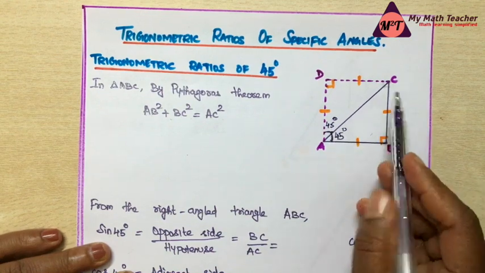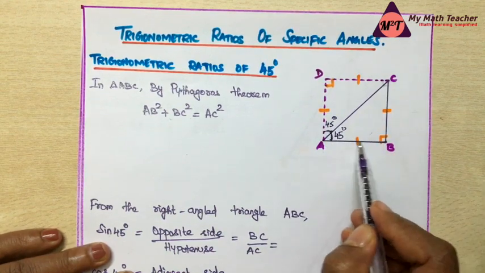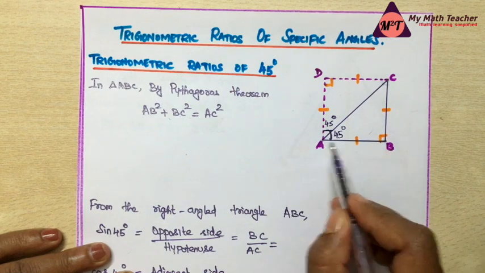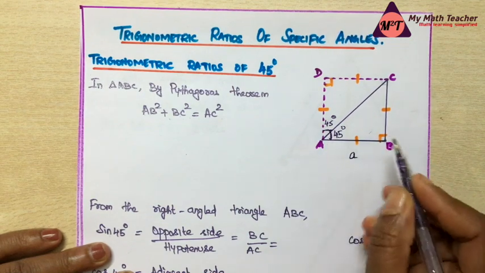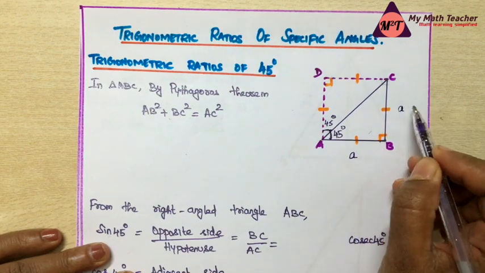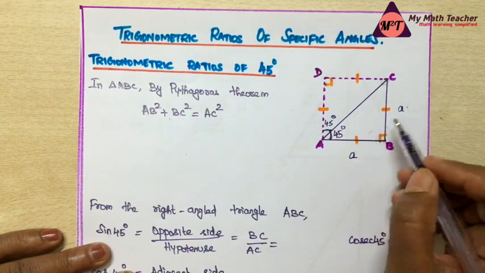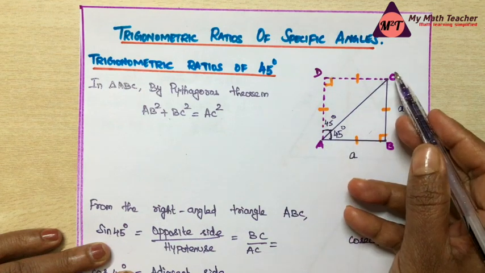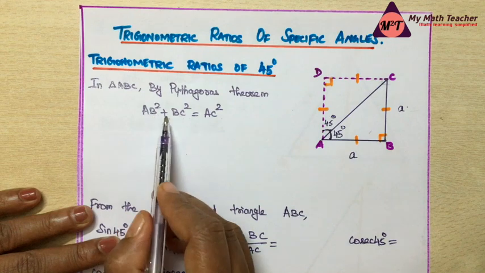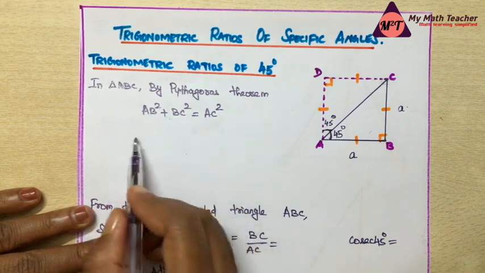Now, consider this triangle ABC. Let us take this length AB as A units and BC as A units because all four sides are equal. Now we have to find AC with the help of Pythagoras theorem. We know that AB square plus BC square is equal to AC square.